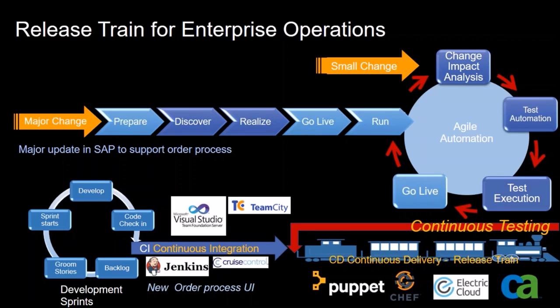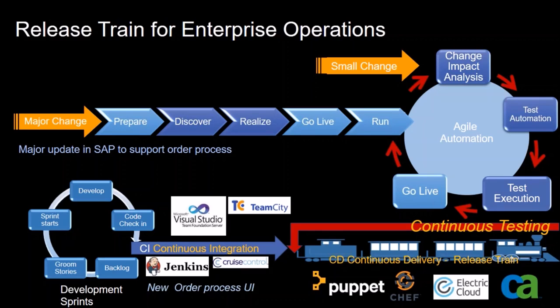In this process, we would have a major change occurring in SAP. We're making changes, following the traditional approach here. You might be employing Agile techniques, but you're going through the typical configuration and build out of a process in SAP. You may have a front-end component that sits in the lower left side, where you have custom development, a new order process UI.